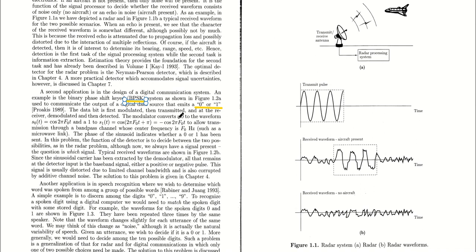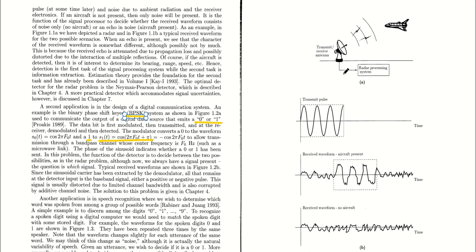The modulator converts a 0 to this waveform, or converts a 1 to that waveform. As you can see, this is cosine 2 pi f0 t, and this is minus cosine 2 pi f0 t. So the difference is plus 1 and minus 1. That corresponds well to plus 1 or minus 1, which in this case is denoted by 0 or 1.